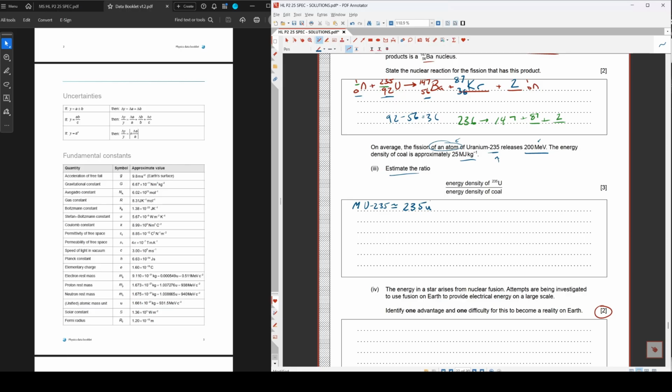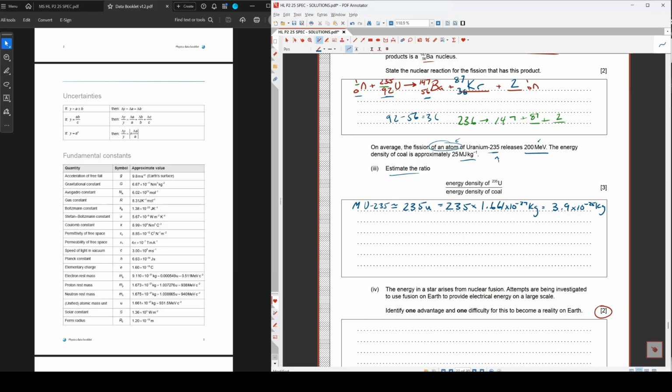That seems close enough to get an estimate. So let's do 235 times this whole number for the amount of mass, and that's 3.9 times 10 to the minus 25 kilograms for 1 atom, 1 nucleus of uranium.